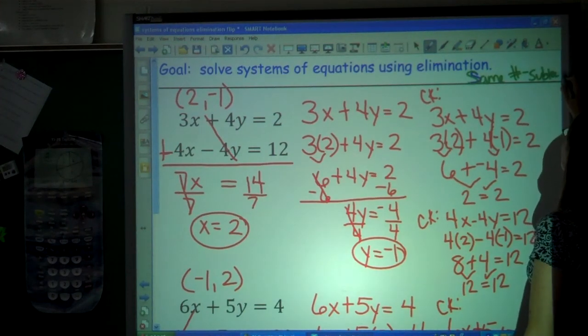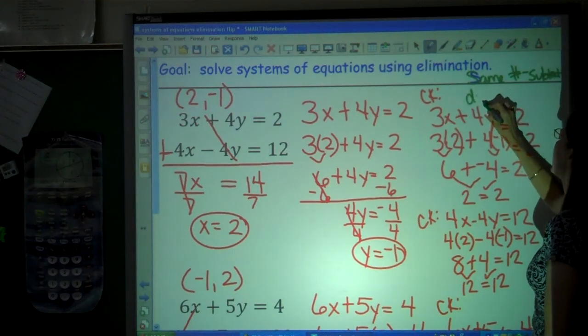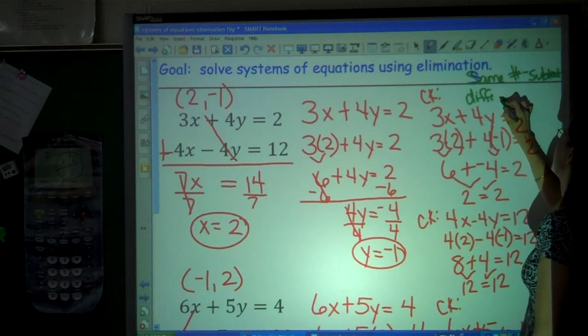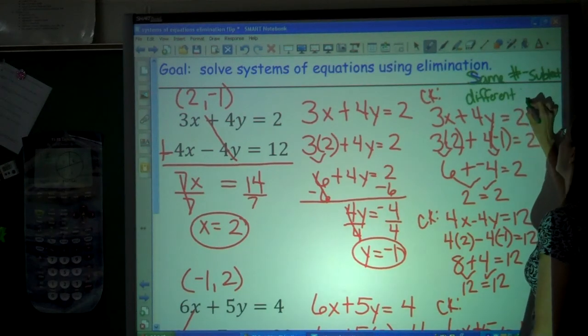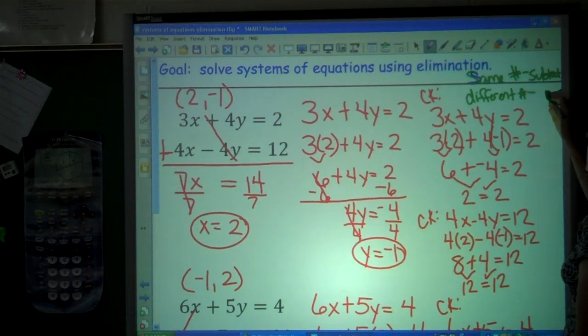So if your x's are the same or your y's are the same, you're going to subtract. If they're different numbers with your x's or your y's, whichever one you find, then you're going to add the 2 equations.